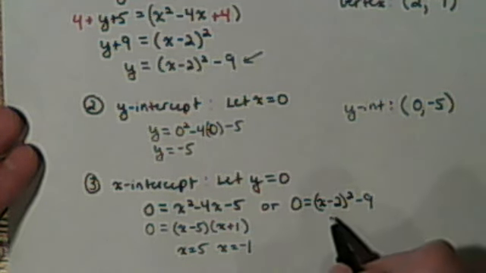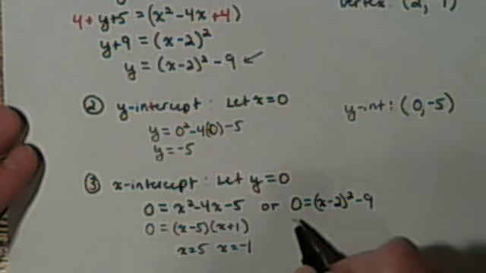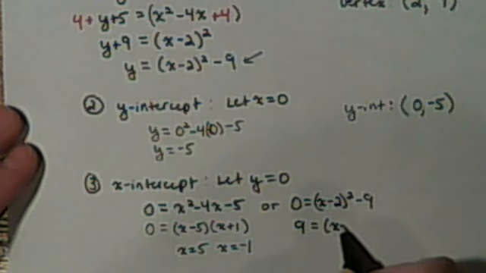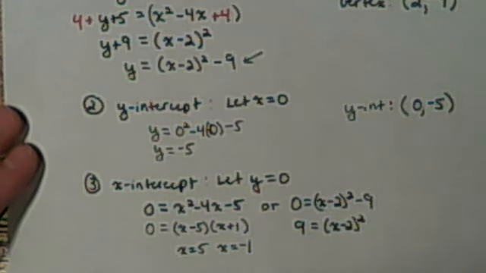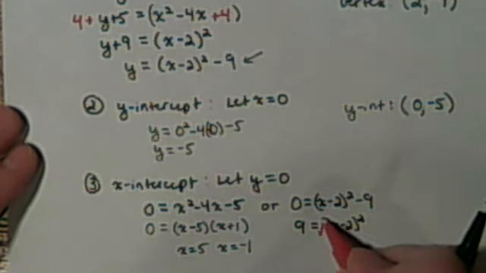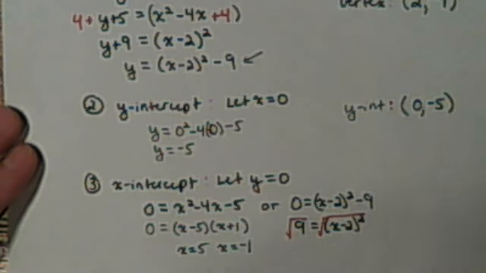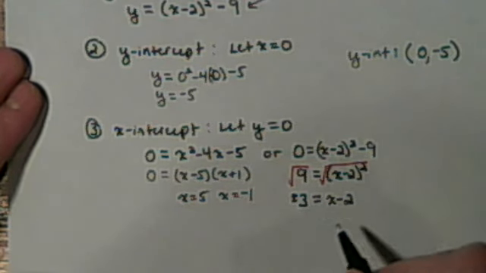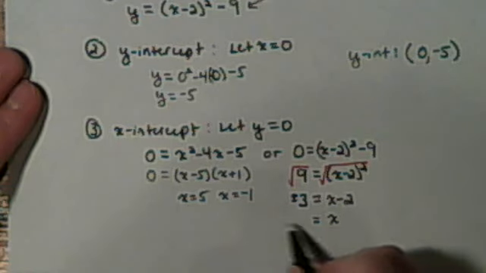If I have it in vertex form, notice I can bring the 9 over. And 9 is equal to the quantity (x minus 2) squared. I can take the square root of both sides, and notice I get 3 plus or minus, don't forget that, is equal to x minus 2. Solving for x, I get x is equal to 2 plus or minus 3.